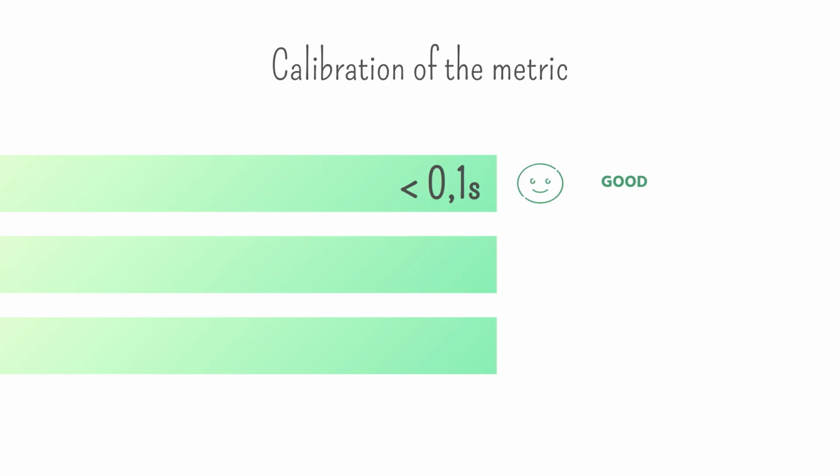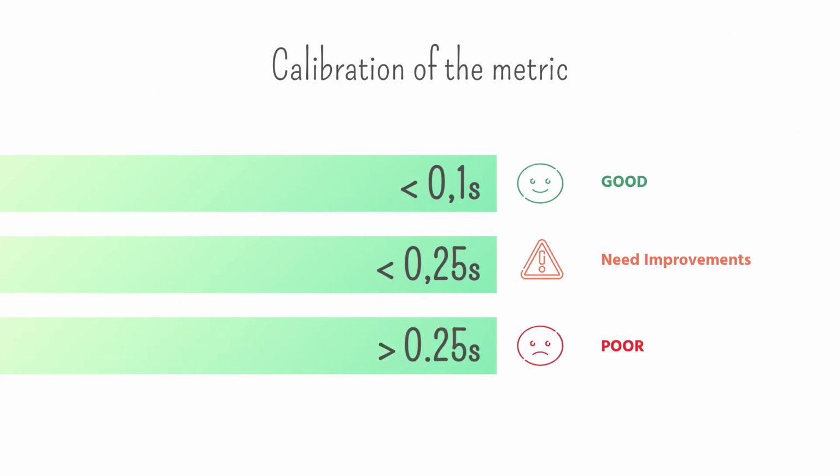If your score of this metric is less than 0.1, your score is very good. If your score is between 0.1 and 0.25, your score needs improvement, but in fact you just need to size your images. And if your score is above 0.25, there is a big problem, and maybe the architecture of your index.html file or your page must be improved.